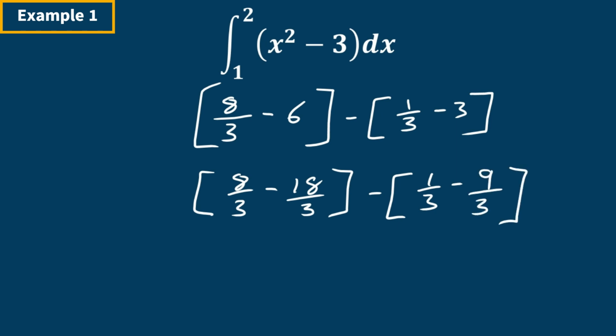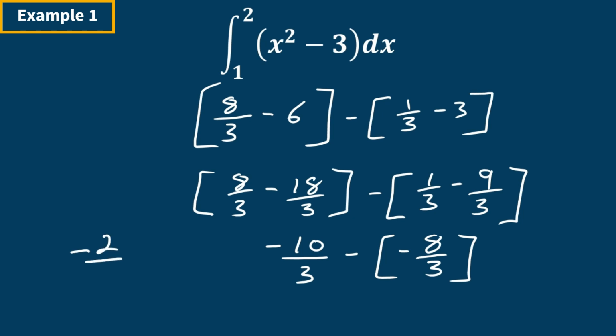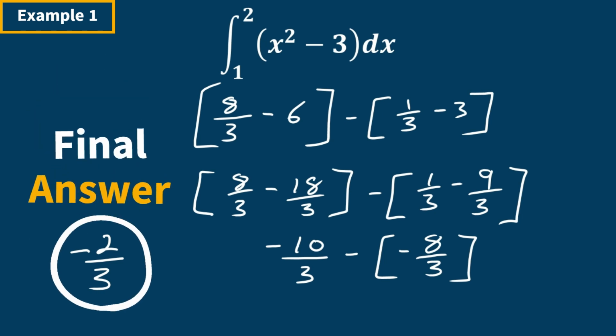From here, the left bracket is going to give us negative 10 over 3 minus negative 8 over 3. Now, all we got to do is simplify these, and in simplifying this, what we're going to have is negative 2 over 3. And that's going to be our final answer.